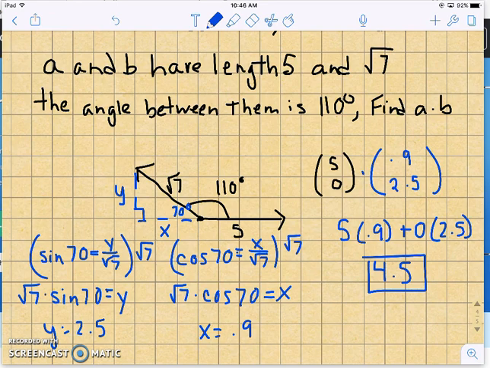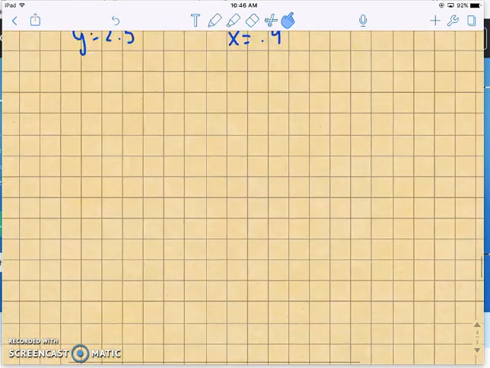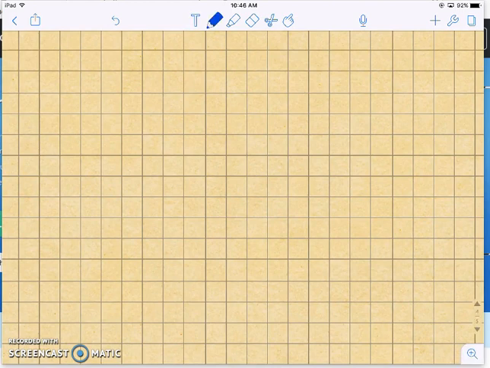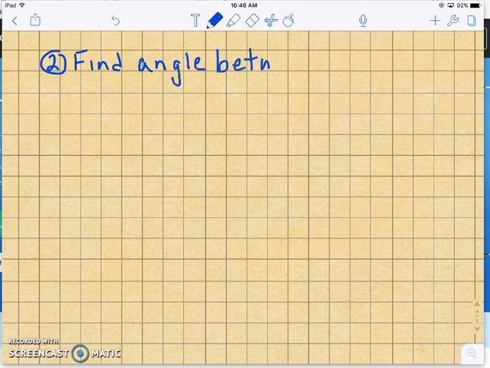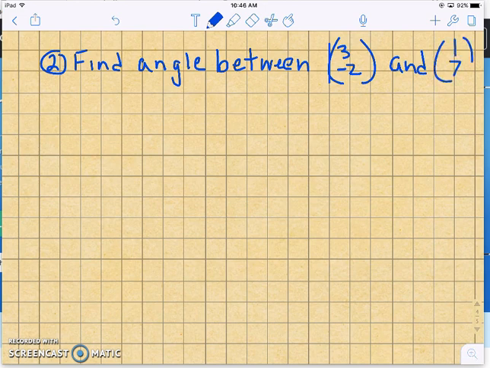So we're going to take a look at another one here. Using that dot product, what if we had to find the angle between, maybe it's not using the dot product. Sorry, but some of this trig here, see what we can figure out. Between (3, -2) and (1, 7).